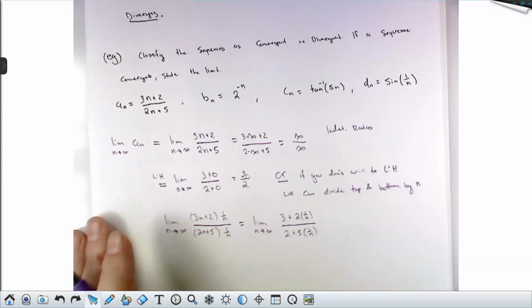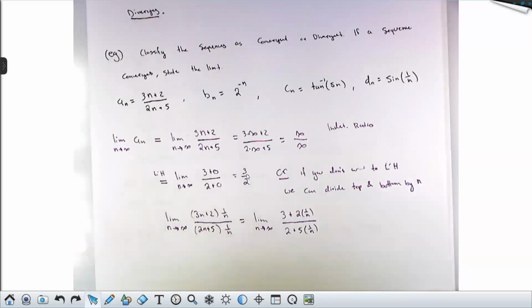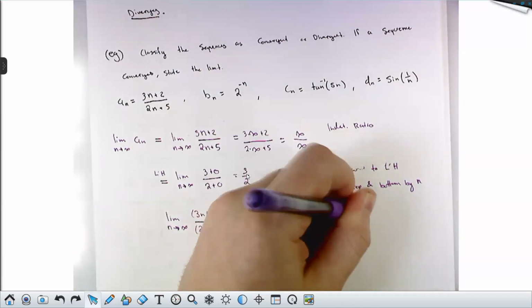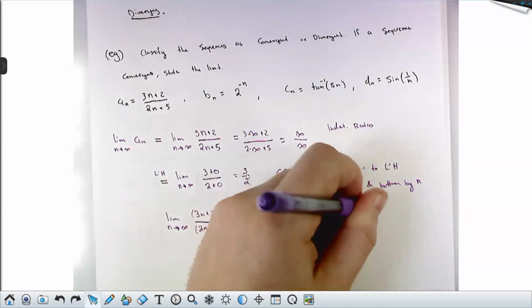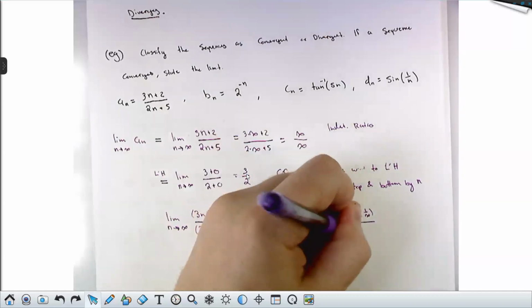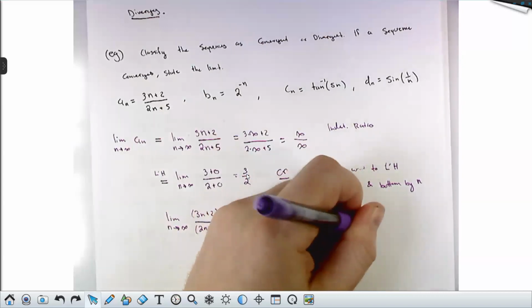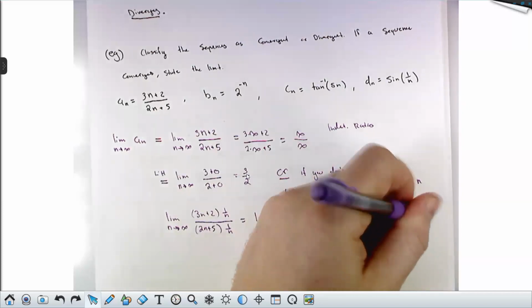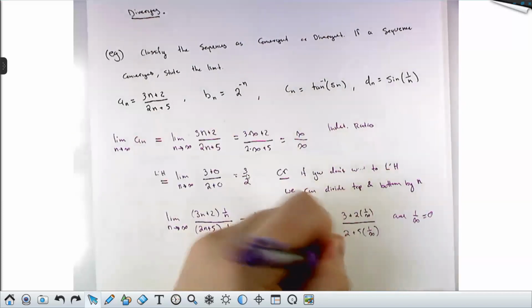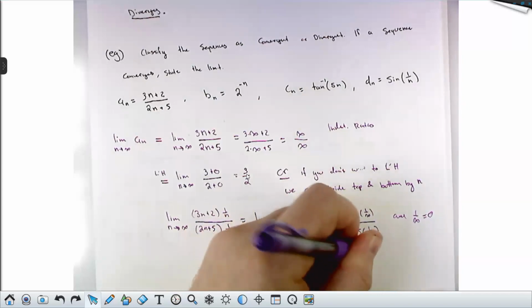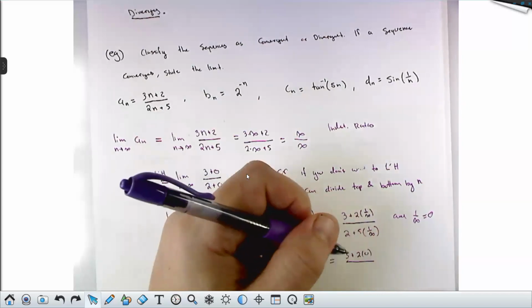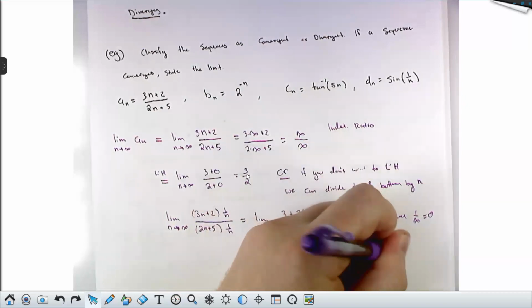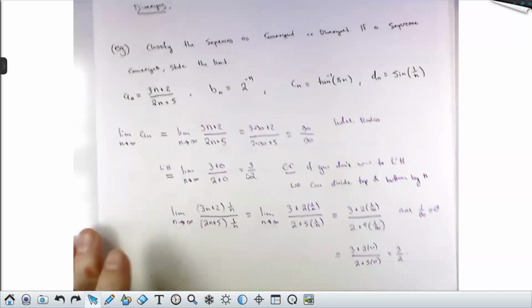And then the 1 over n's go to 0 as n goes to infinity. This is 3 plus 2 times 1 over infinity divided by 2 plus 5 times 1 over infinity. And 1 over infinity is 0. So this is 3 plus 2 times 0 over 2 plus 5 times 0, which is again 3 halves.